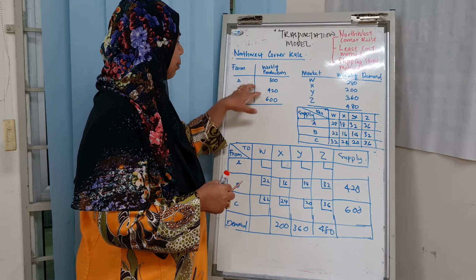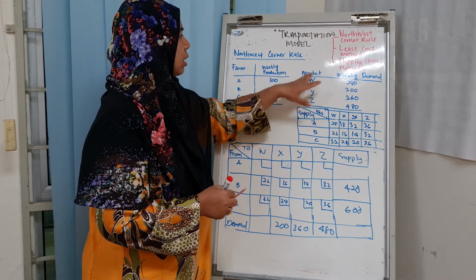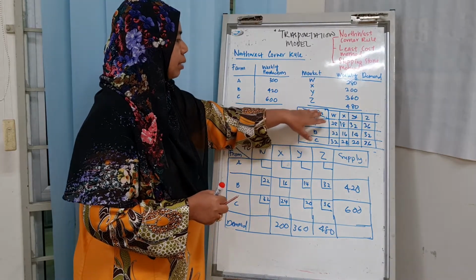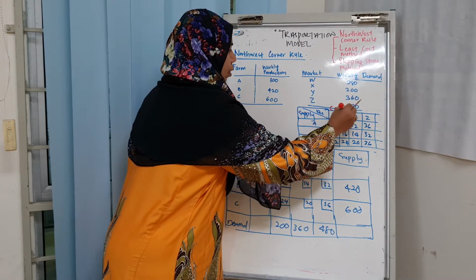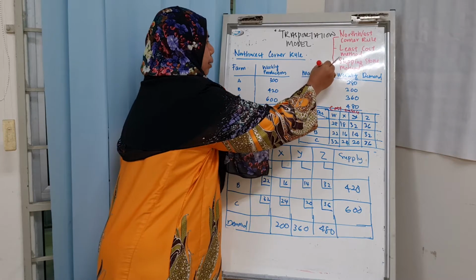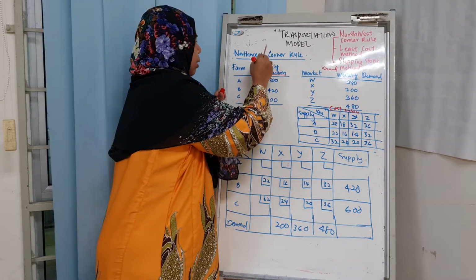Then the second is the demand, the table for the demand. And the third table is the cost table. This one is the demand table, and production is the supply table.